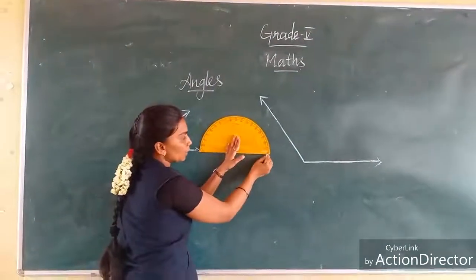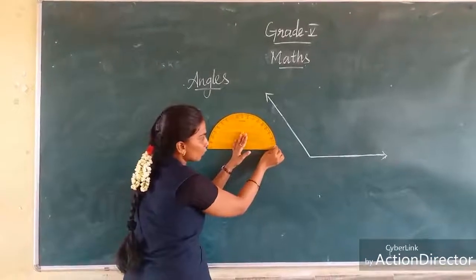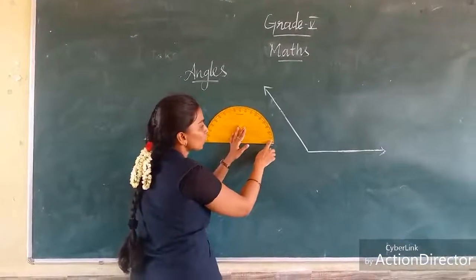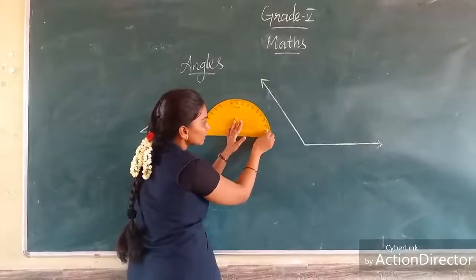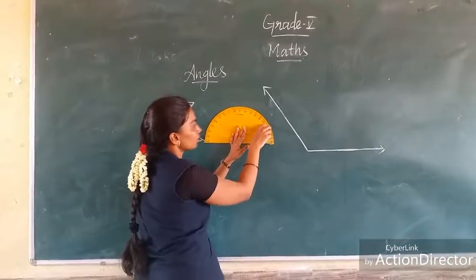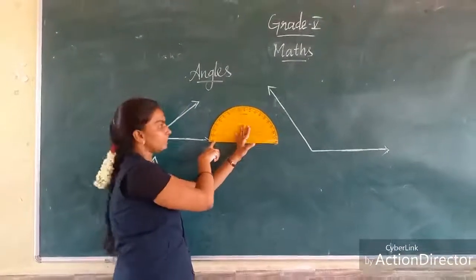See, this one is 0. This one is the starting point. See, here one middle line is there, no? So that is 5. Next 10. Here 15, 20, 25, 30, 35, 40 and so on up to 180.